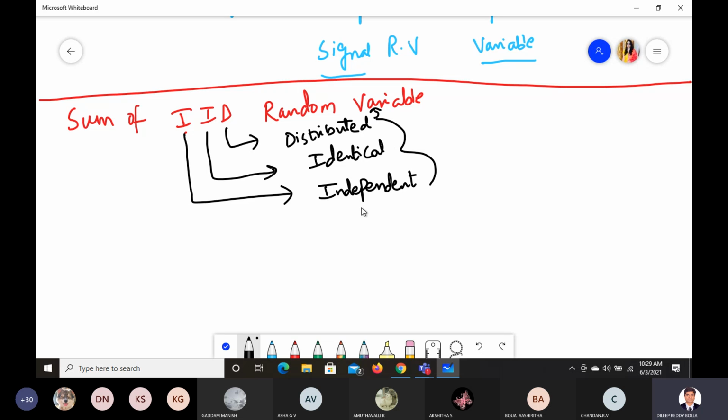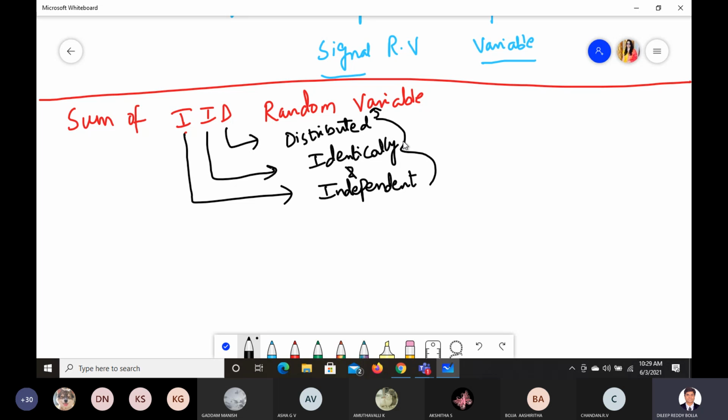Independent and identically distributed random variables. What is IID? They are independent in nature, but they are identical entities.